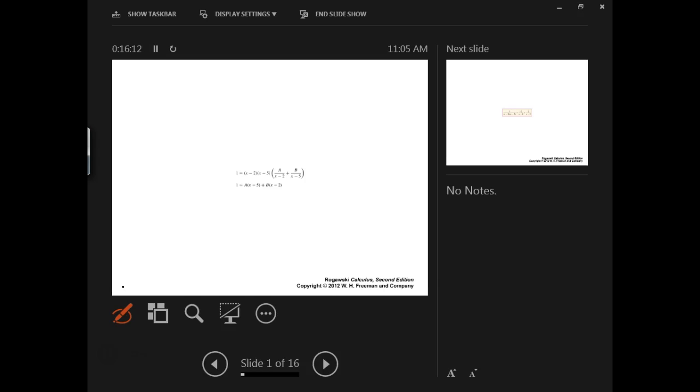Remember our rational functions. f of x equals p of x over q of x. Now what are the p's and q's? F is rational. What are P and Q?